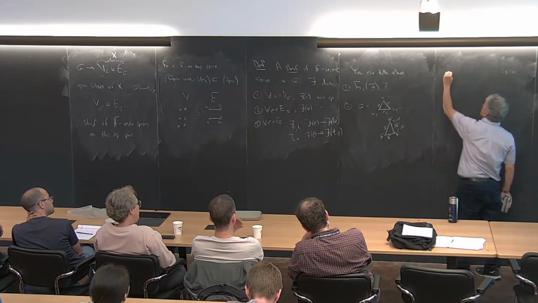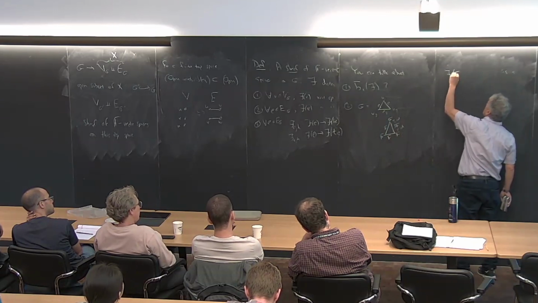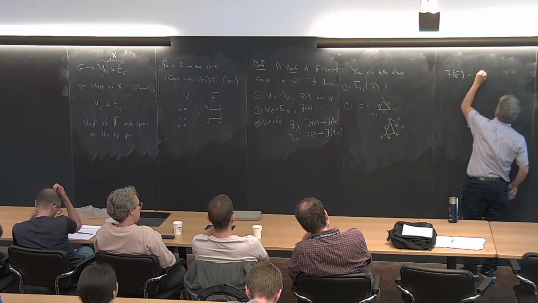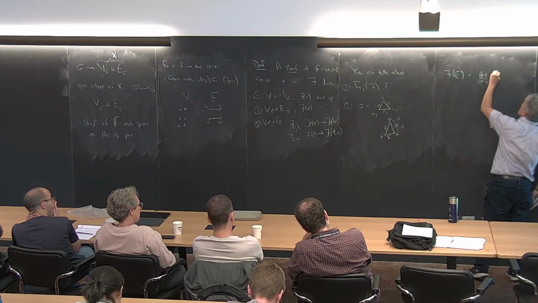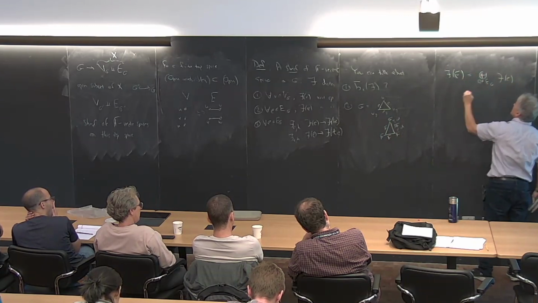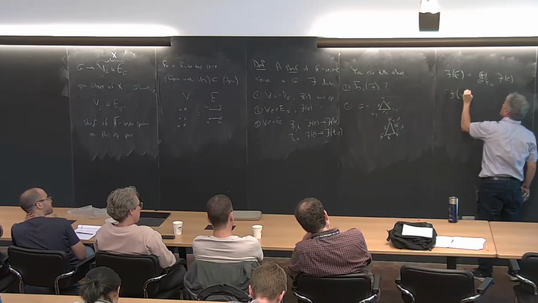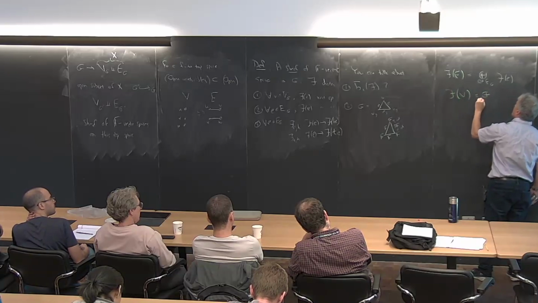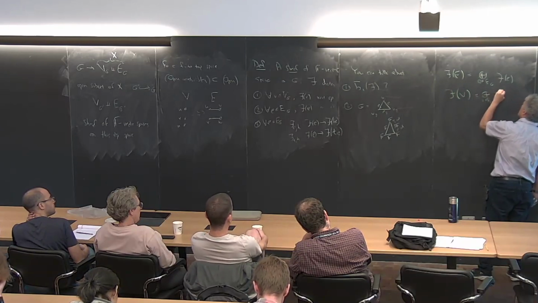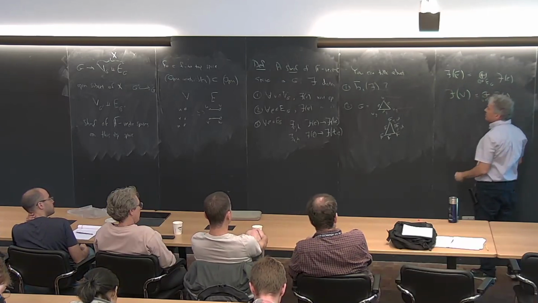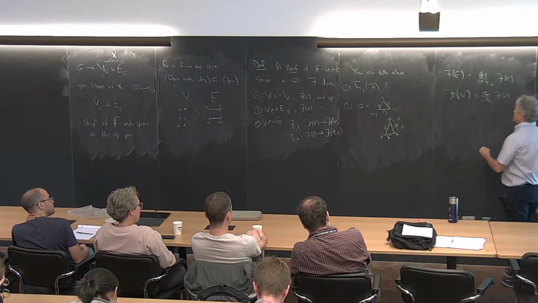You can then talk about the edge space, which is the direct sum of all the edges. And you can talk about the vertex space. And then there's a well-defined incidence matrix.